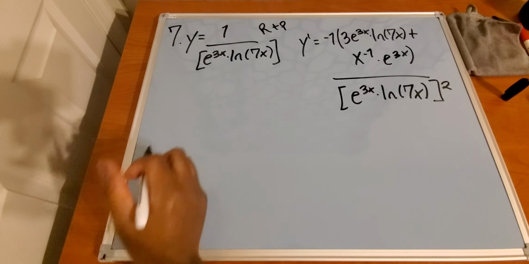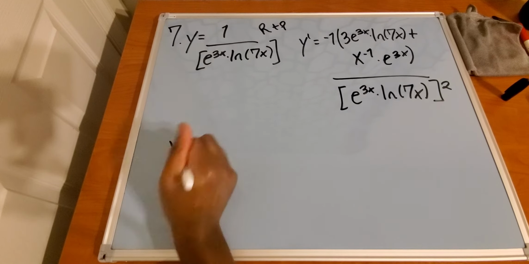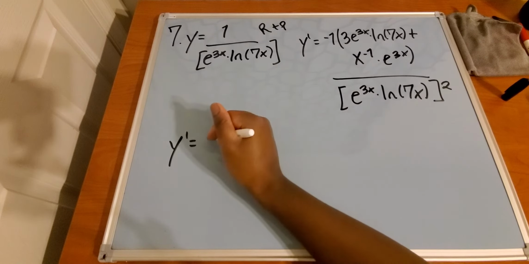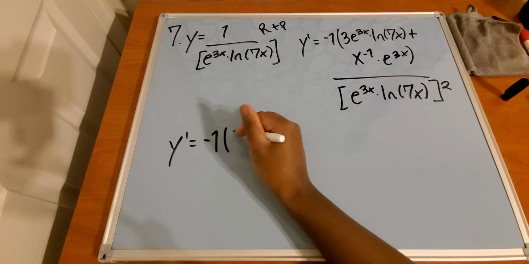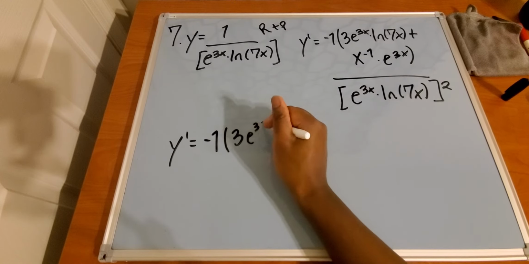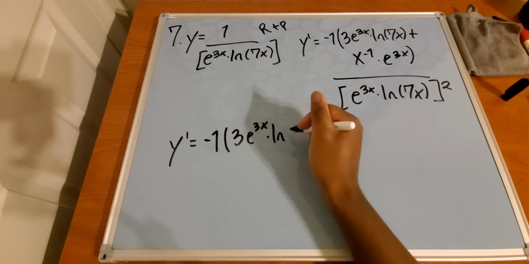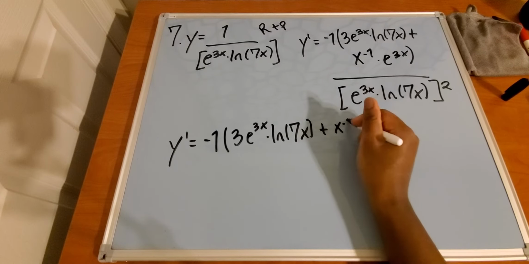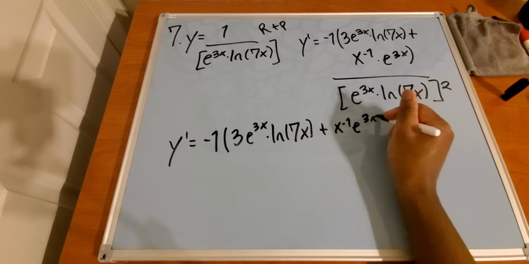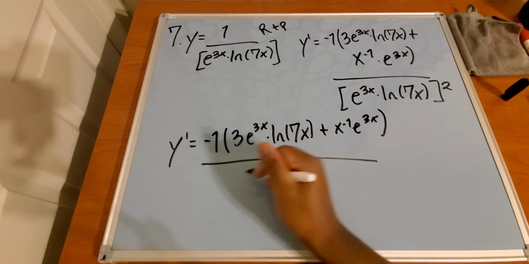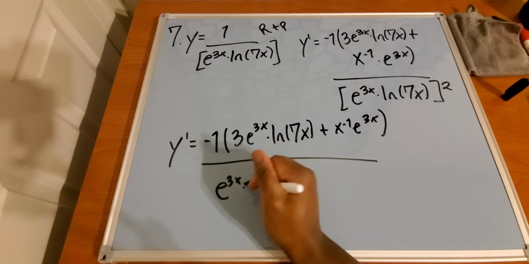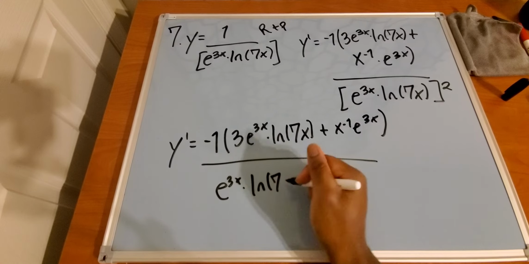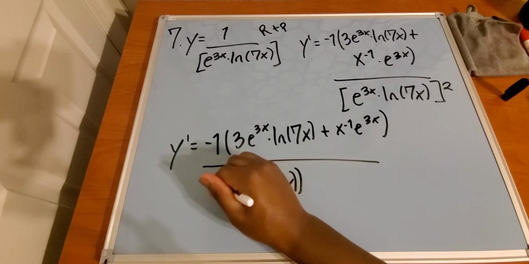So we'll just go ahead and rewrite this. So y prime is equal to -1 times 3e to the 3x times natural log of 7x plus x to the -1 e to the 3x, all over e to the 3x times the natural log of 7x, and all of this is squared.